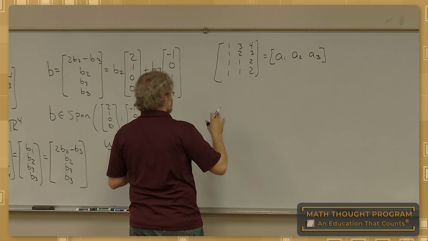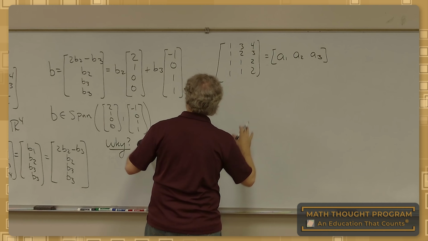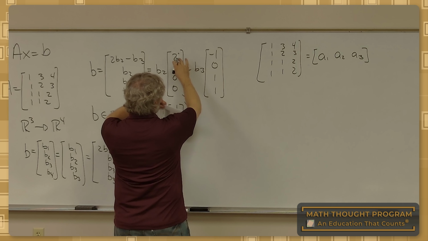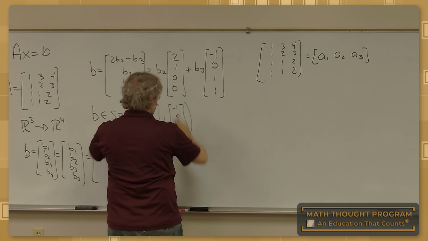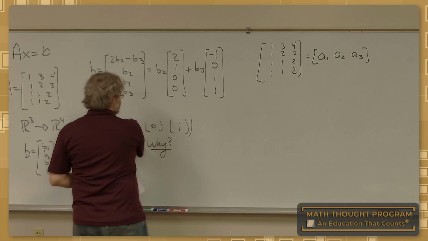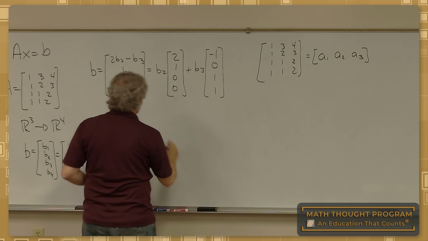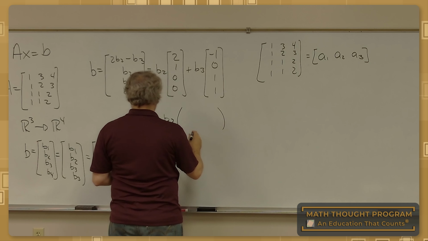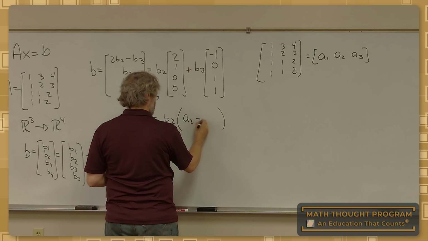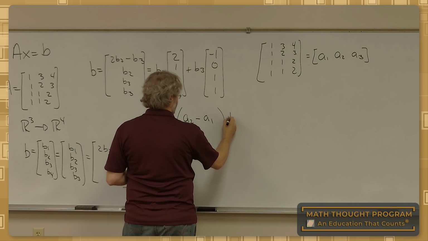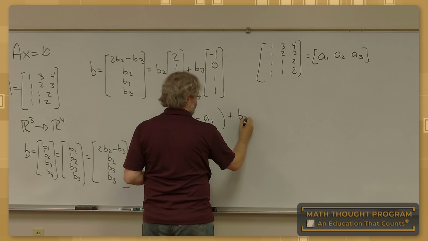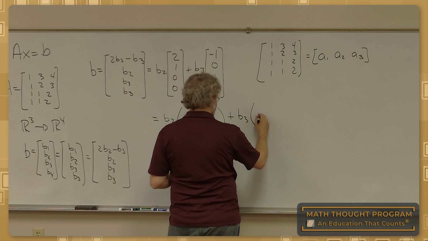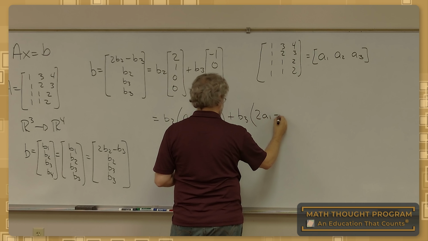And if I just pause for a second and note what's happening here with vector 2, 1, 0, 0, I see that I can reformat it. I can say A2 minus A1. And likewise, this vector, I can reformat as 2A1 minus A2.